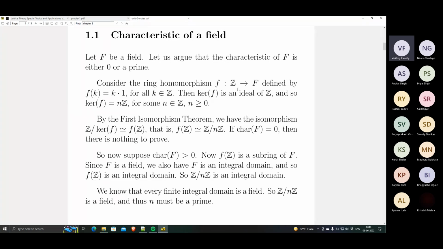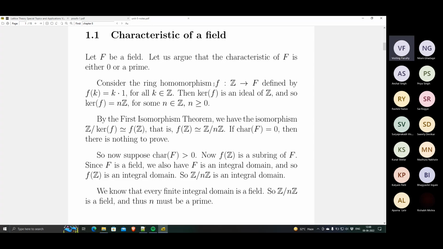So it has a kernel, and the kernel is an ideal of Z. But every ideal of Z is of the form nZ for some integer n. So kernel f is nZ for some integer n. We can choose n to be greater than or equal to 0 because minus nZ is nZ itself. We know the first isomorphism theorem for rings, which says that since f is a homomorphism, Z mod kernel f is isomorphic to the image of f.